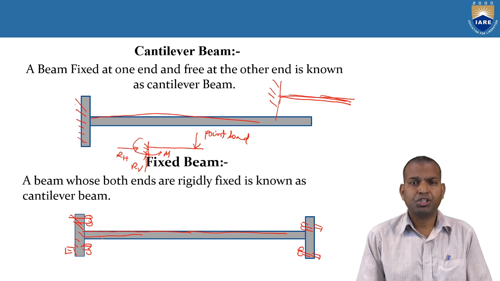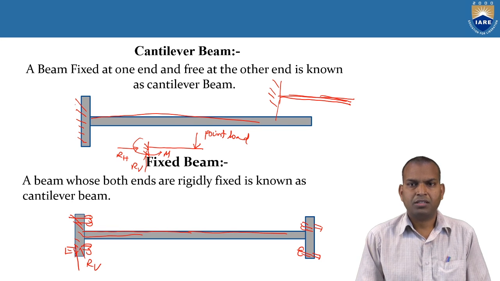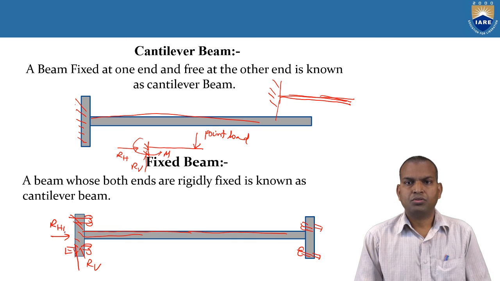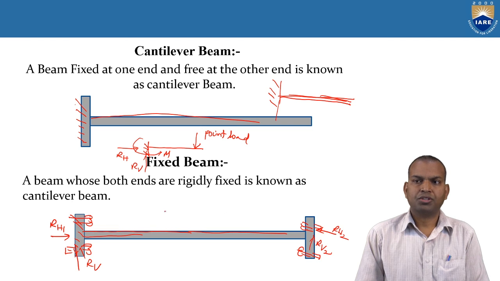How many reactions are going to take place in the case of a fixed beam? At the first end, vertical reaction 1 and horizontal reaction 1. Similarly at the other end, vertical reaction 2 and horizontal reaction 2.